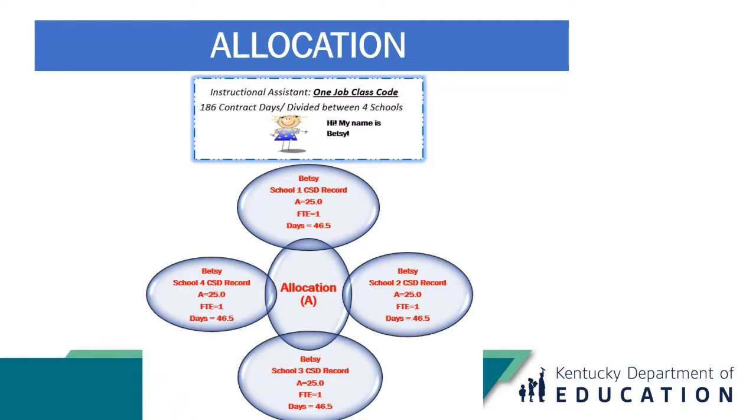So her allocation is what's going to be divided out. Betsy has 1 CSD record with 25 for 1 school, and the same for all 4 locations. The FTE remains 1 on each of these because it's only 1 full-time position, but her allocation and her days are divided out and prorated based on that allocation of 25%. Hopefully that helps make it a little more clear.